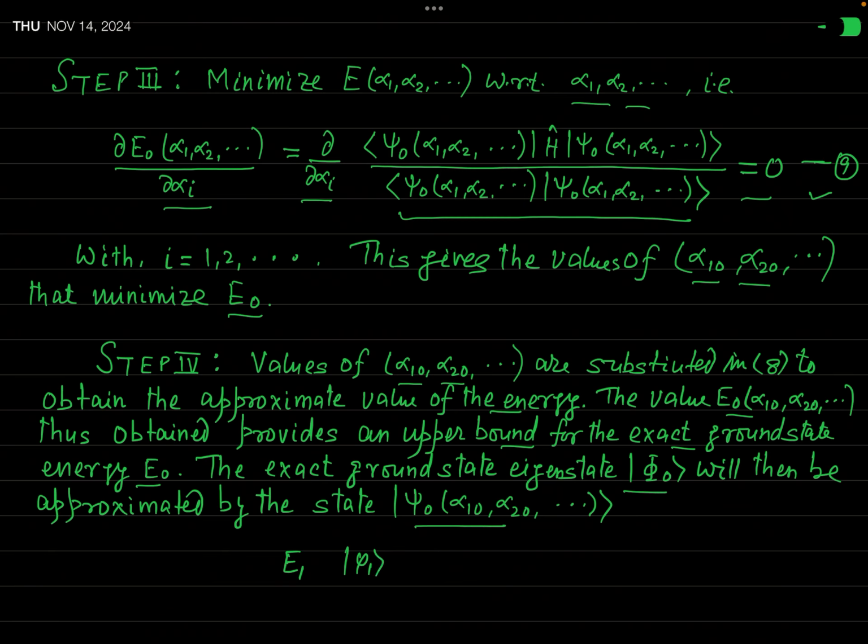When you approximate these two, you will get the approximate value of the energy eigenvalue and energy eigenstate for the first excited state. And for this, the trial function will be ket psi 1.